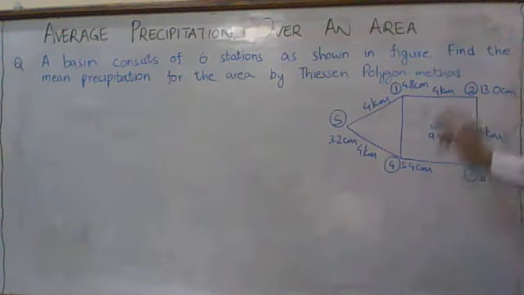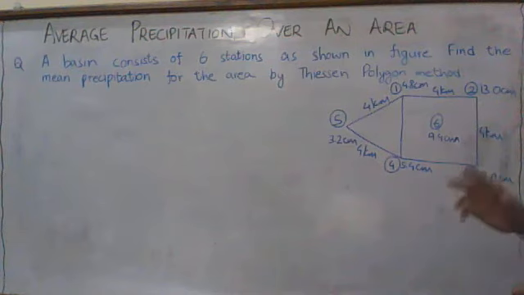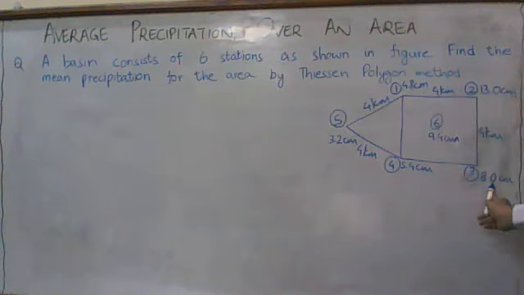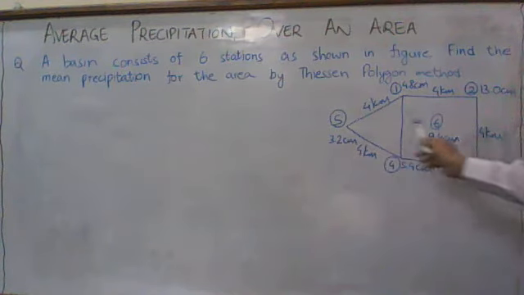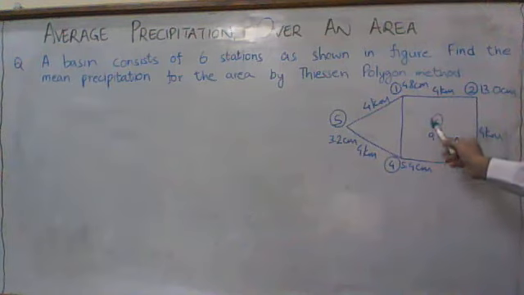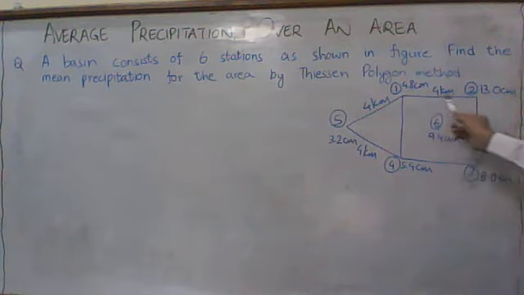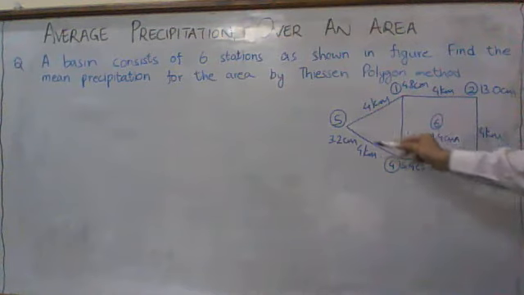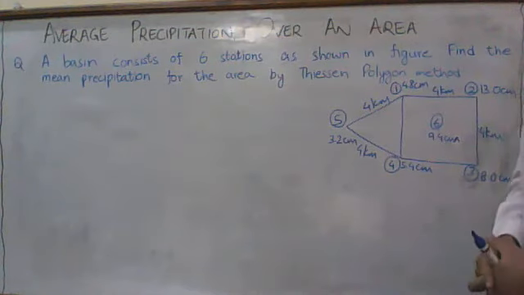You can see there are 6 rain gauge stations, and the precipitation value is also mentioned at each station. Now what is the length of the square portion? It is 4 kilometer by 4 kilometer. And the sides of the equilateral triangle are also 4 kilometers.